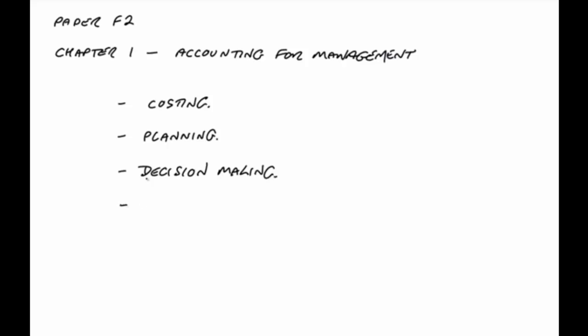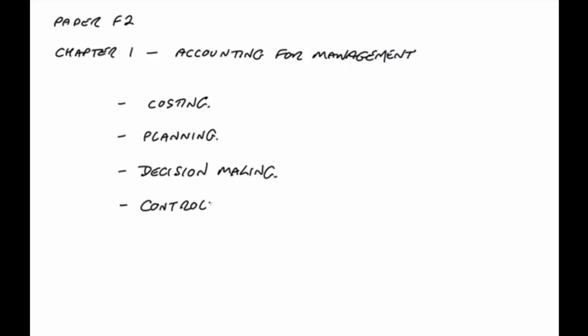The final one I've listed here is control. It's the job of the management accountant to try and improve the business to become more profitable. And one important aspect of their job is to keep control of the costs. Clearly any business wants to try and reduce the costs, provided it doesn't damage the business.